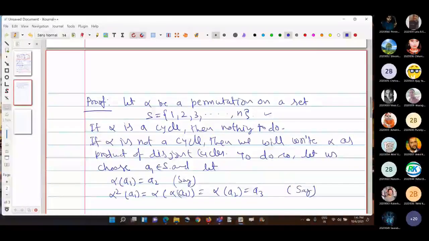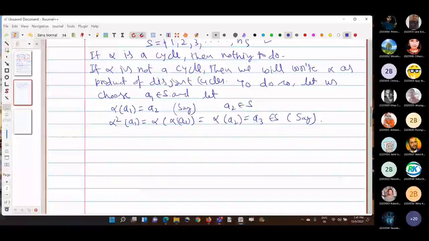This A3 is also from S. A2 belongs to S, A3 also belongs to S. So A1, A2, A3 may be anything from S, but they are from S. Similarly, we can write alpha cubed of A1 equals, say, A4, and this belongs to S. Okay, fine. We will continue.